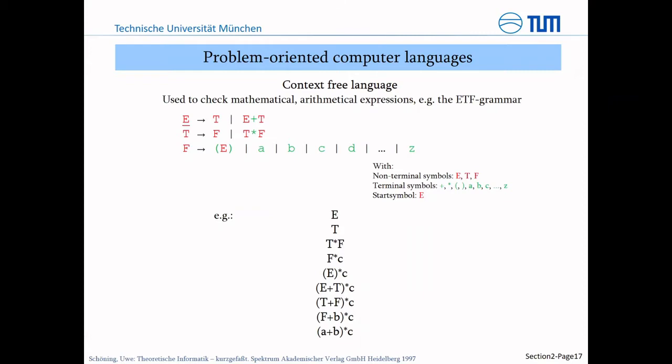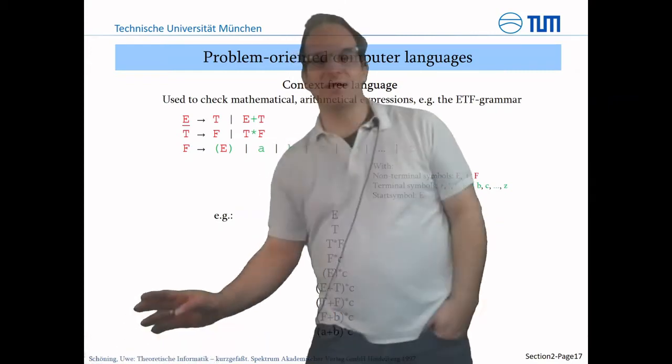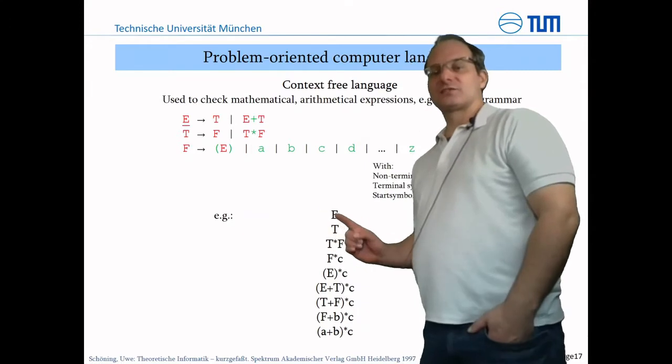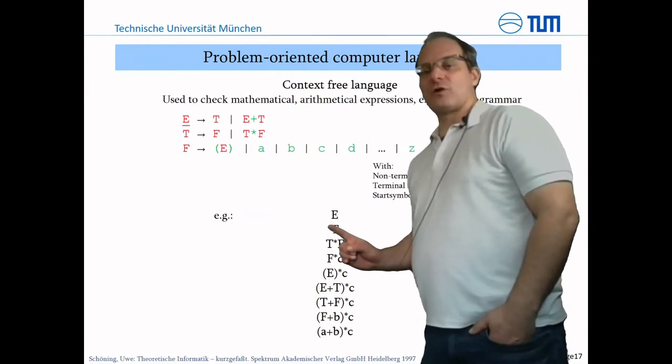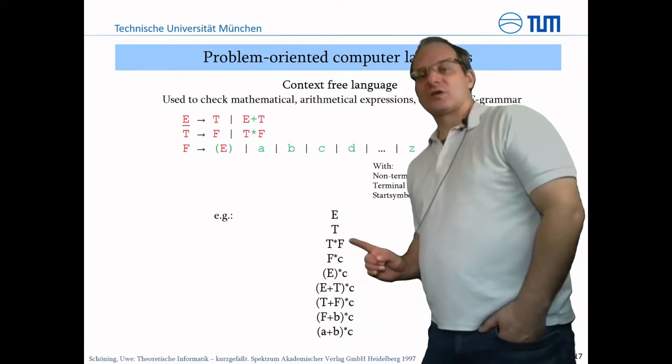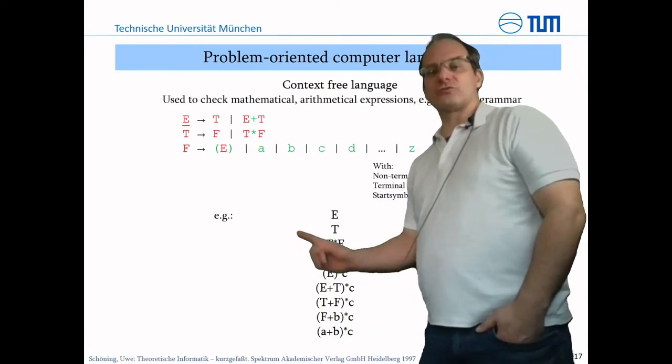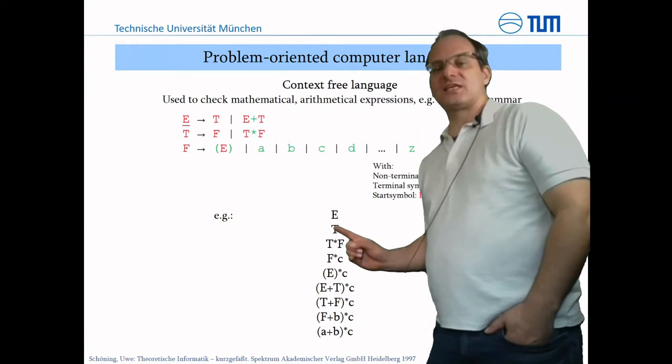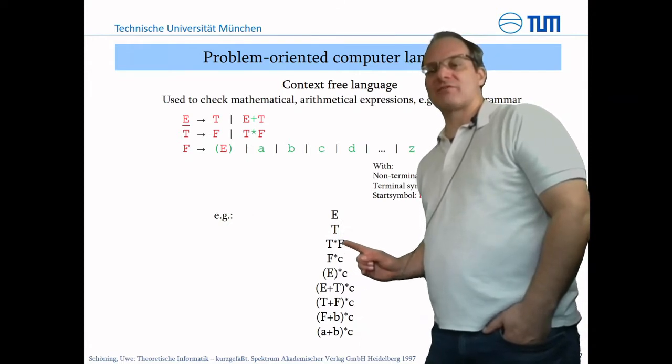So if I show it again directly here, if you just always follow the straight line in the columns, you'll see these replacement rules. So E is replaced by T, T is replaced by T times F, and then you continue with the next non-terminal.